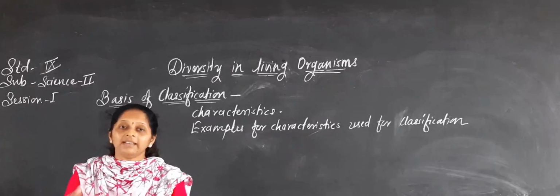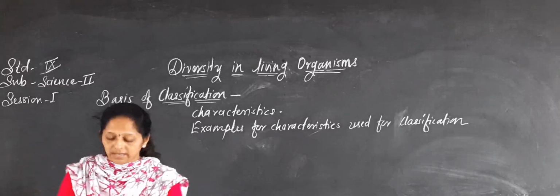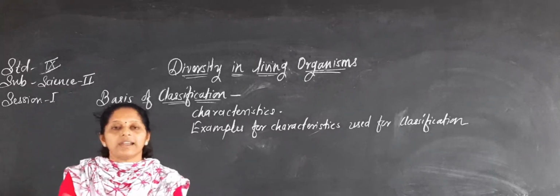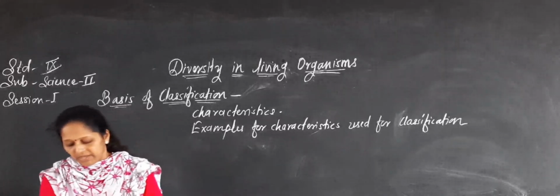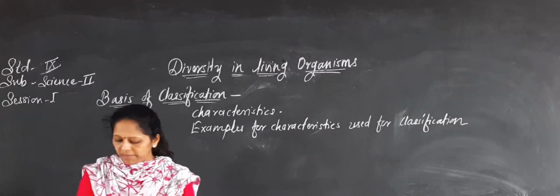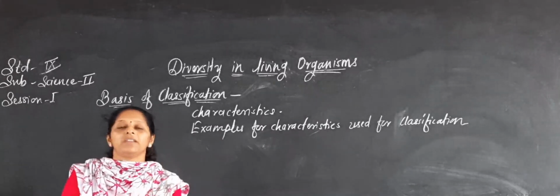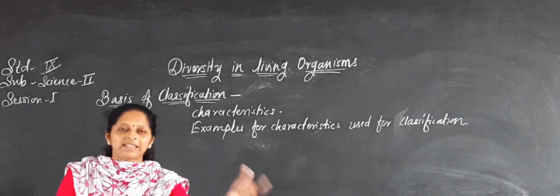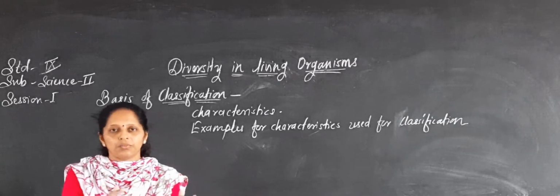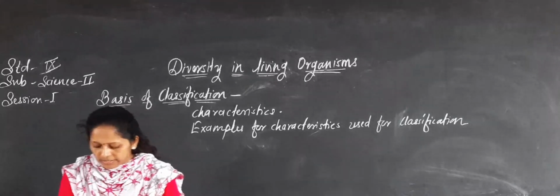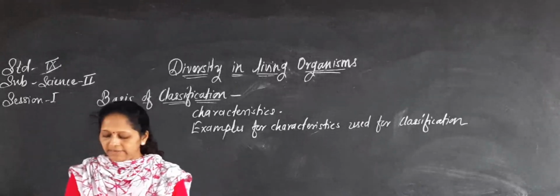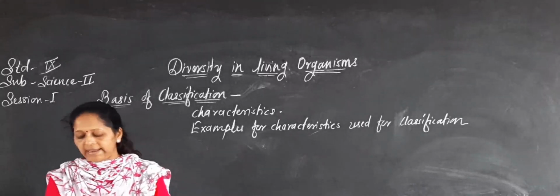Like this, it decides the next level of the classification. The characteristic at the next level depends on the previous one, because all animals come in one group only. So it decides the variety at the next level. In this way we can build up the whole hierarchy.